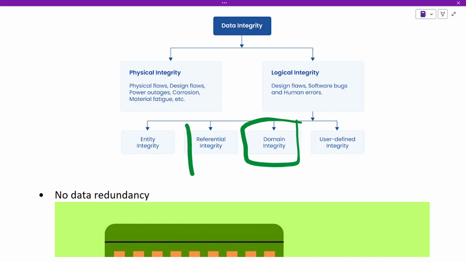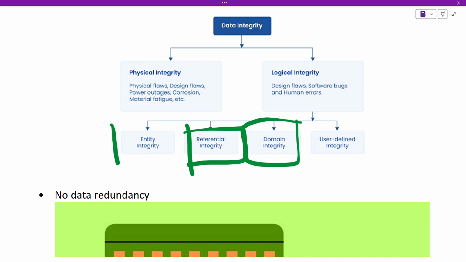And then we have the referential integrity. We can achieve this using foreign keys. This ensures that if a relation has any reference to another relation, then both of these tables, one of which is the referring and one the referred table, have some sort of integrity between them.